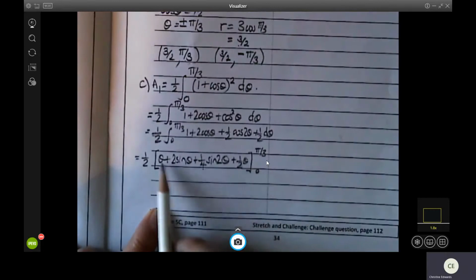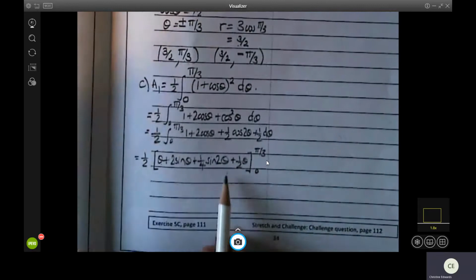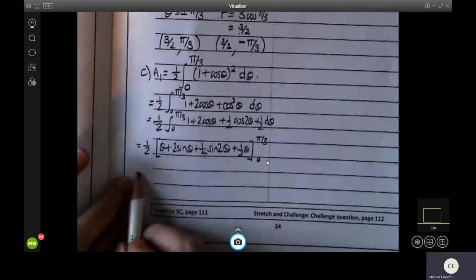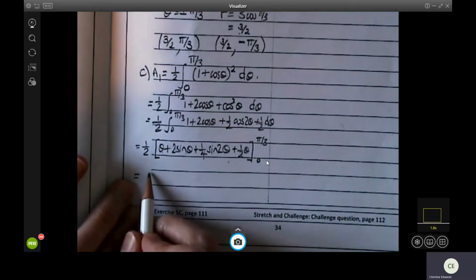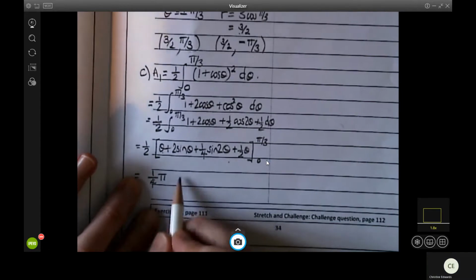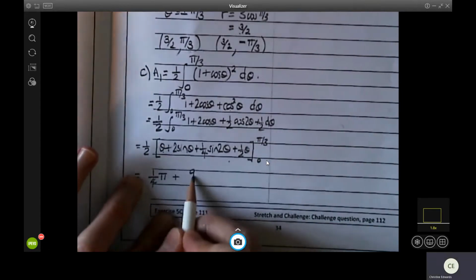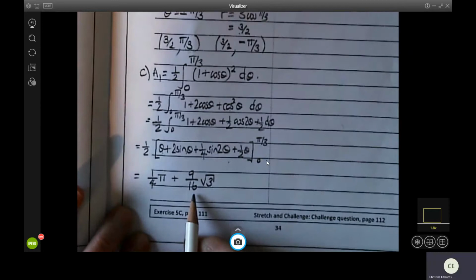I could have combined the theta and the half theta at an earlier stage before integrating. You'll work out the best way of approaching the simplification as you practice. So I sub in and simplify. And in this case, we will get a quarter pi plus 9 over 16 root 3. So that's area 1 in exact form.